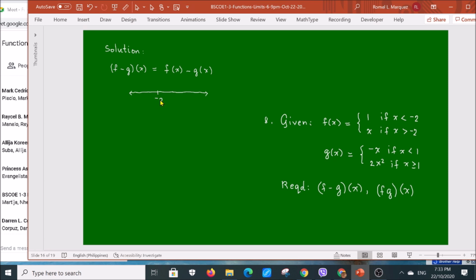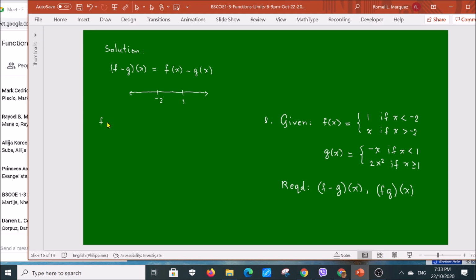So there are two sub-intervals here, and there are also two sub-intervals here. If you combine them, we will now have 3 sub-intervals. So f minus g will now be split into 3 equations or formulas, corresponding to the 3 sub-intervals.